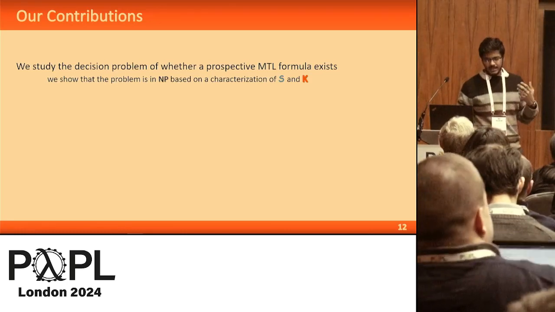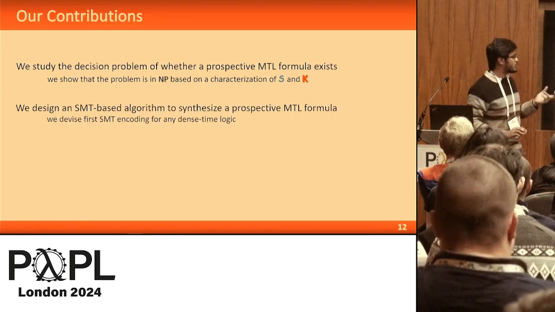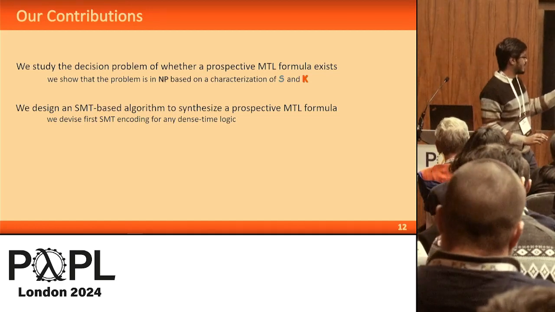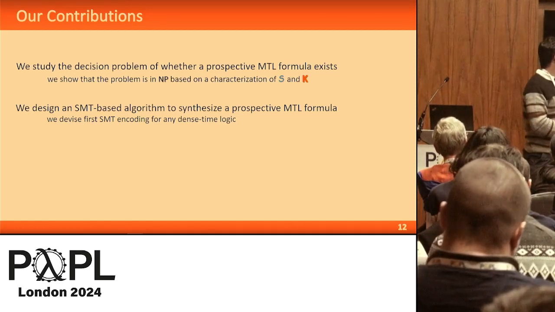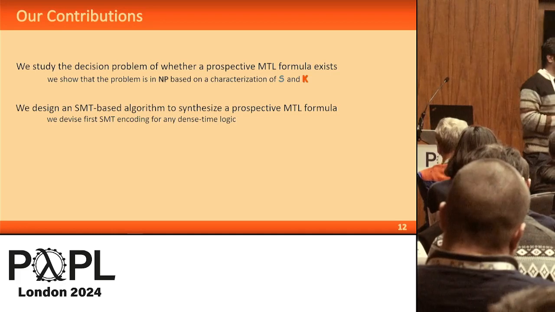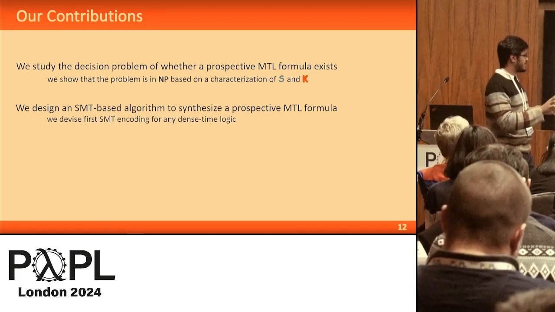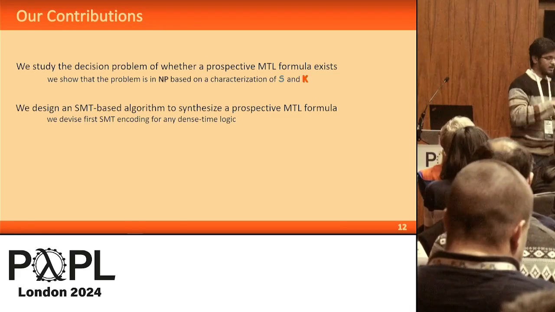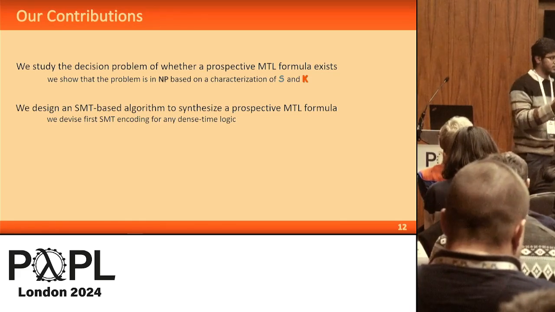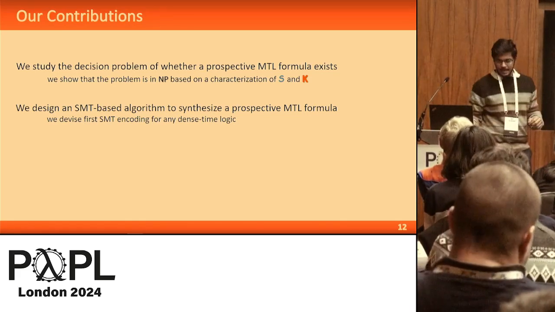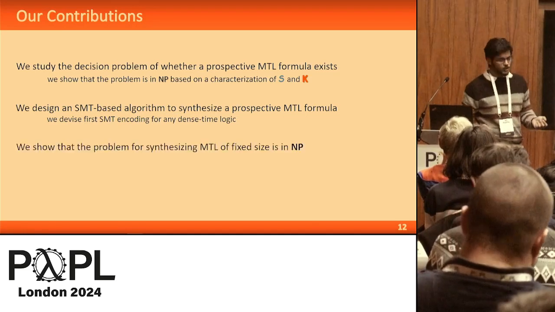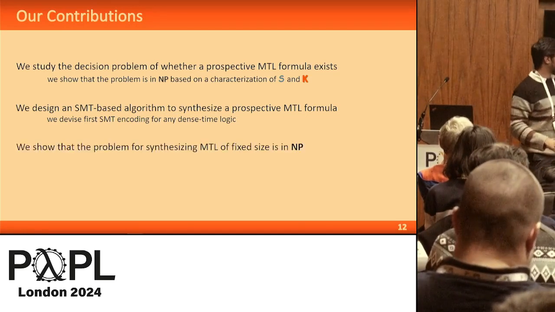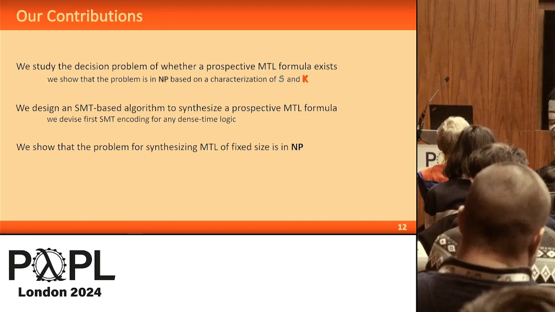And having checked whether there is a solution, we actually look for a solution using an SMT-based algorithm, which gives us a minimal formula. To our knowledge, we designed the first SMT encoding for dense time logic, which will find formulas of arbitrary structure. In the process, we also show that the problem of synthesizing MTL formulas of a fixed size is in NP.